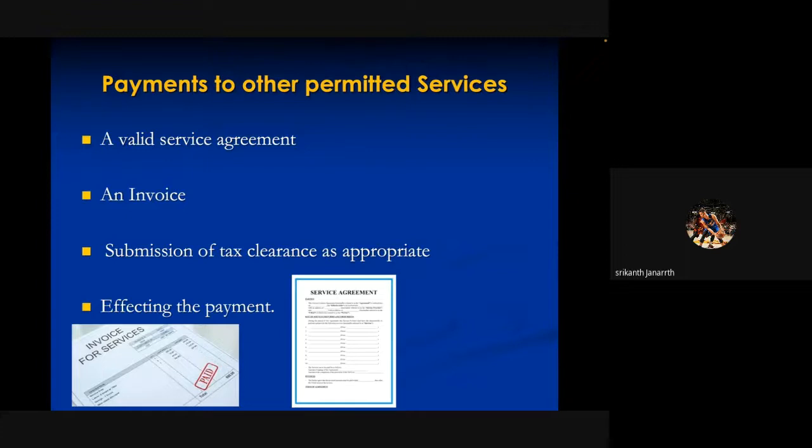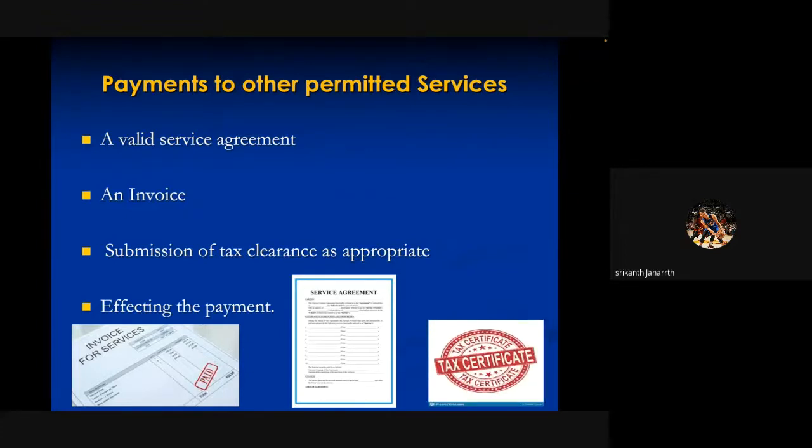Every year, $25,000 is to be paid as per the agreement. So each time, you need to get the invoice for $25,000 from the service provider saying we have upgraded the software during this calendar year, for which $25,000 is due, and the bank will ask the customer to provide the tax clearance, and then you effect the payment.